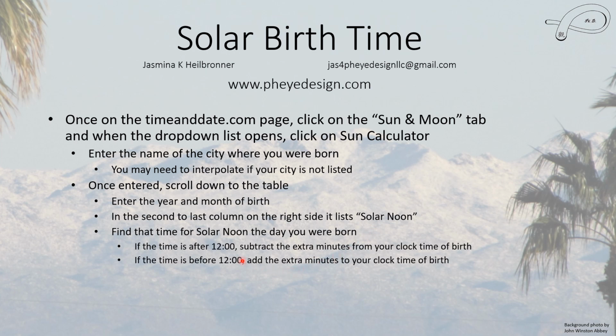If that time is after 12, you want to subtract those extra minutes from your clock time of birth. If the time is before 12, which is noon, of course, you want to add the extra minutes to your clock time of birth. I'm going to give you some examples so this can be a bit clearer.